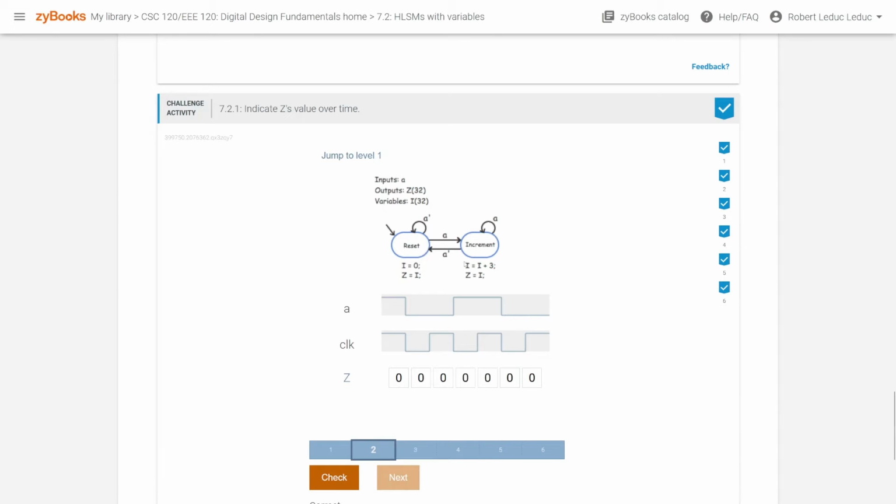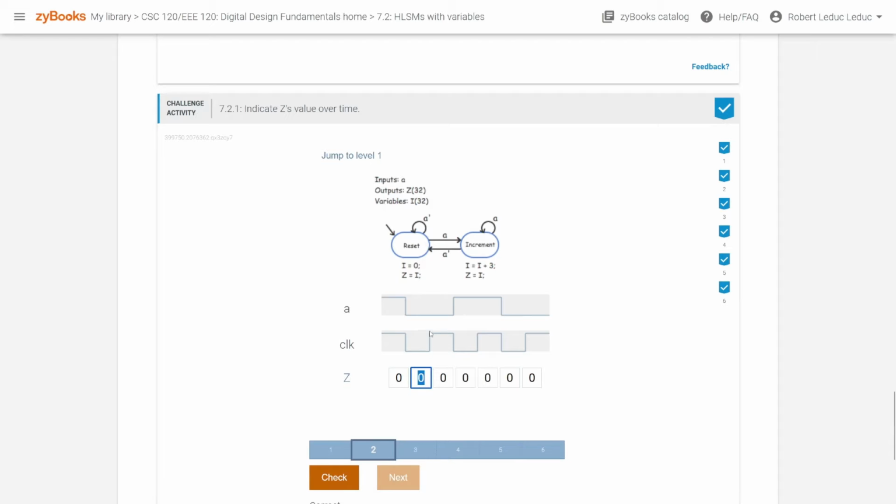And here we have essentially the same high-level state machine with a slightly different timing diagram. So again, with our first clock cycle before the first rising edge, we know we're going to be in the initial state, which is the reset state. And just like in the previous example, I is set to 0 and Z is set to I. So our first two values will be 0.